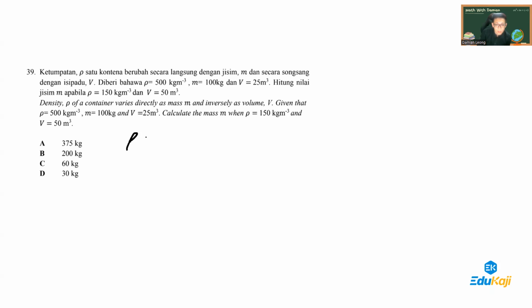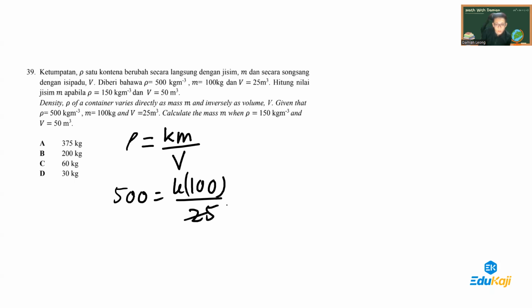The density varies directly as the mass m, and inversely as the volume v. So sub in all the values. 500 equals k times 100 over 25. So I can cut here, 4 times 4, bring over, divide by 4.